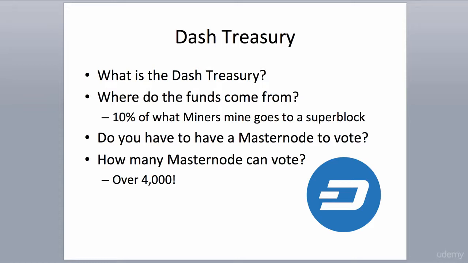If you recall from the last section, masternodes are 1,000 Dash, and at today's price, about $160,000. How many masternodes can vote? Currently over 4,000. And when I'm showing you the proposal, I'll show you exactly how many Dash masternodes are out right now.